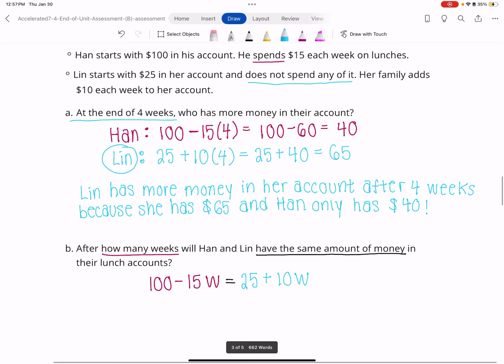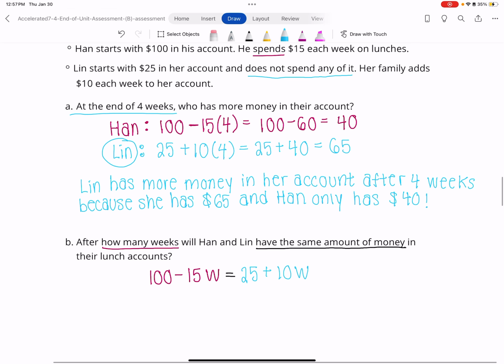Now, we're going to use our knowledge of combining like terms and isolating variables to solve for W. We are going to first add 15W to both sides.